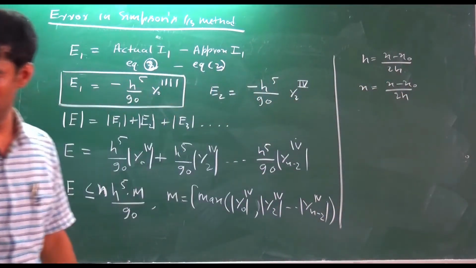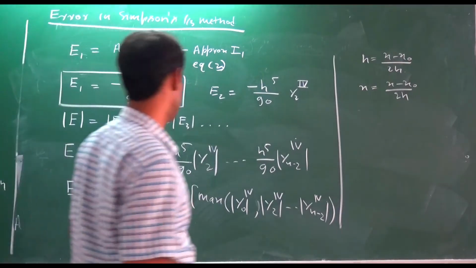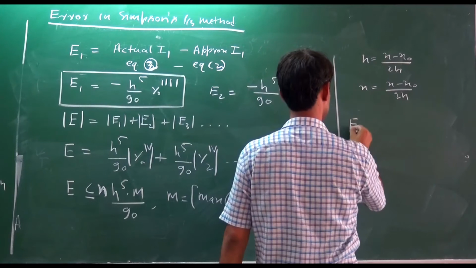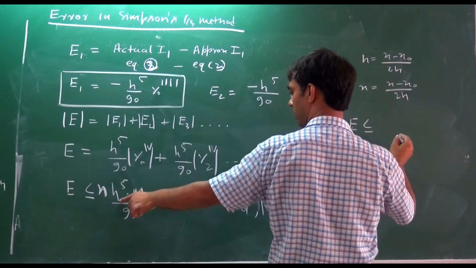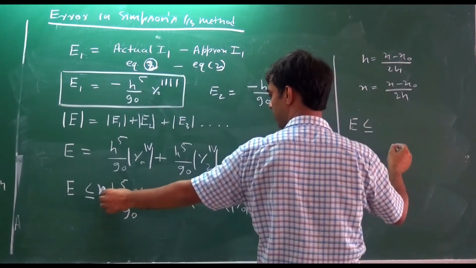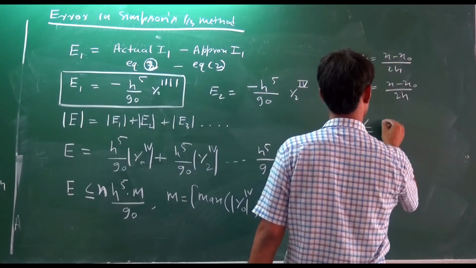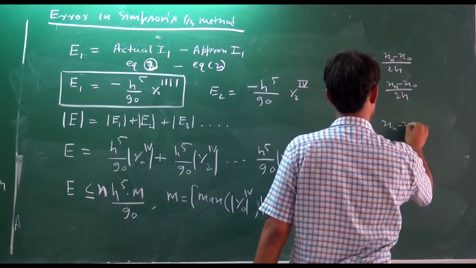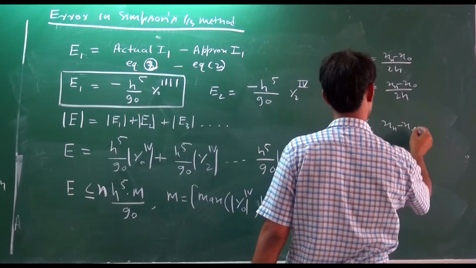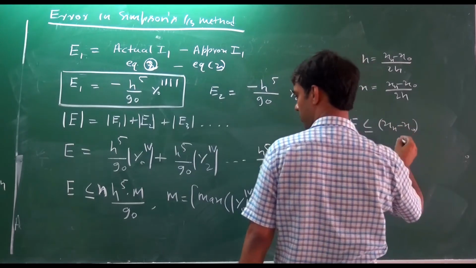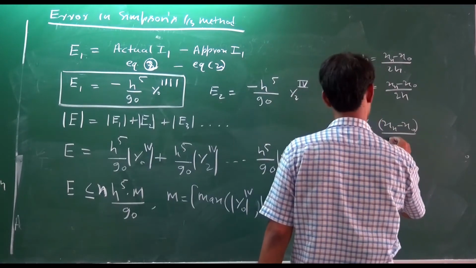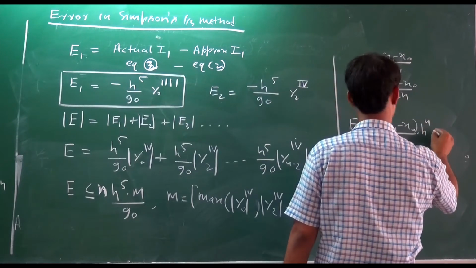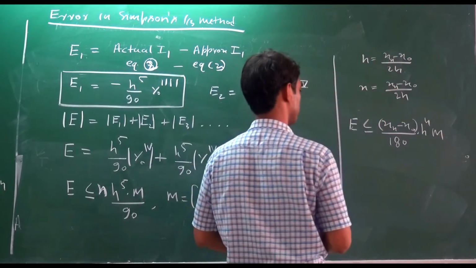So what is the value for n? In place of n we write xn minus x0 by 2h, so E is less than or equal to xn minus x0 upon 180 into h to the power 4 M. This is the error.